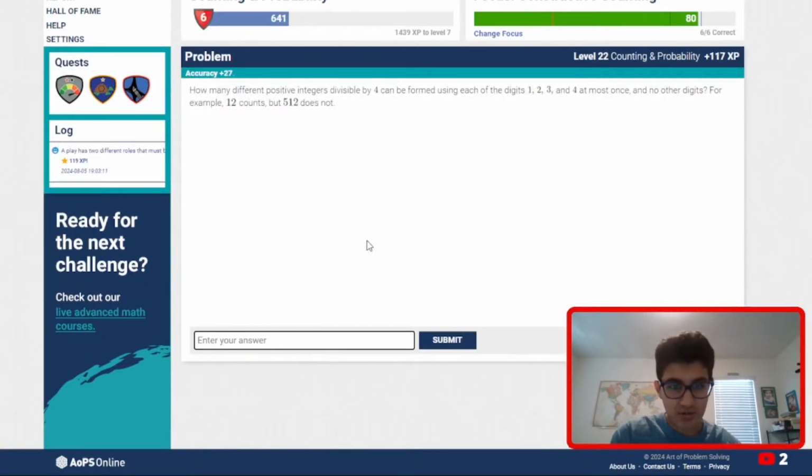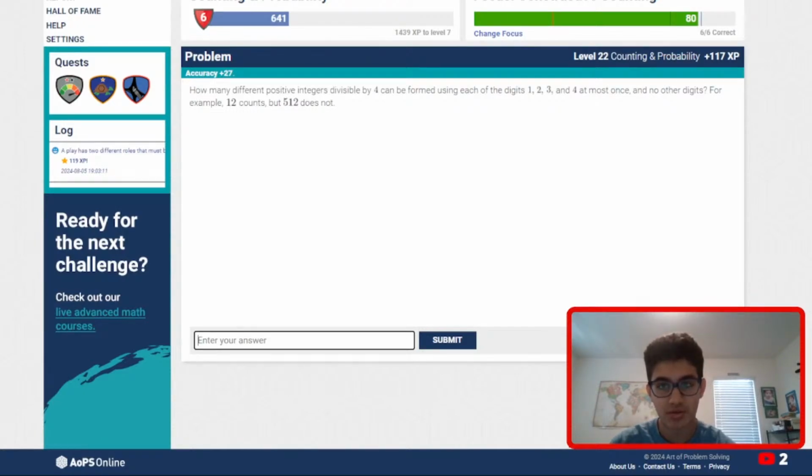How many different positive integers divisible by 4 can be formed using each of the digits at most once and no other digits? 12 counts, but 512 doesn't. So we can have the last two digits.